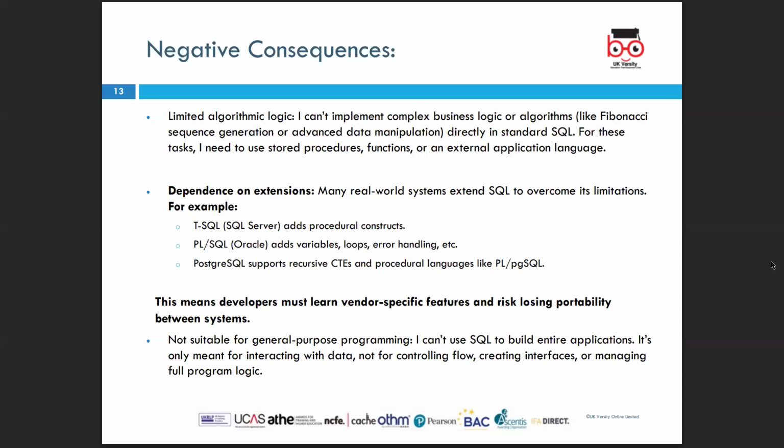SQL is also not suitable for general-purpose programming, where we can't use SQL to build entire applications. It's used for interacting with data, not for controlling flow, creating interfaces, or managing full program logic.